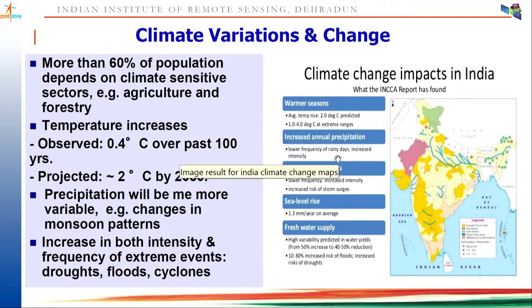There will be an increase in the amount of annual rainfall, but at the same time a decrease in the number of rainy days. The intensity of the rain will be very high, but the number of days on which rain is received at a particular location will be very few.